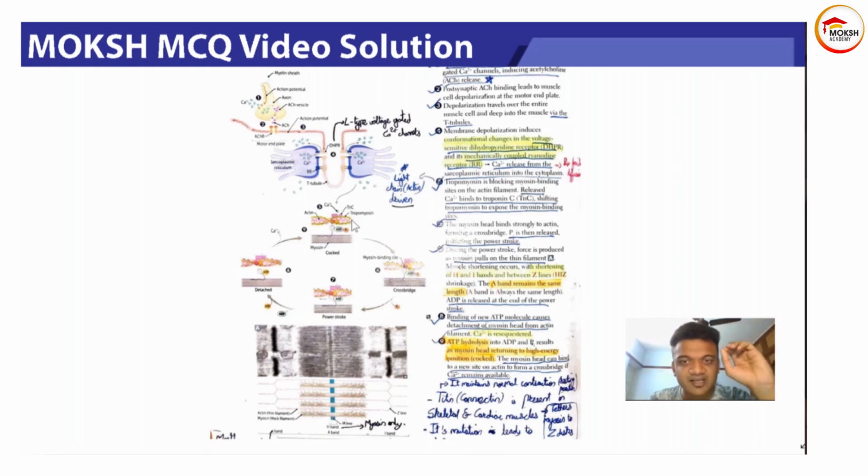So there will be a myosin binding site on the actin thread, right? So here it opens, and the myosin head binds, and ATP is associated with this myosin head, right? It is attached like this, and this is the myosin head. So the myosin head binds to the myosin binding site.